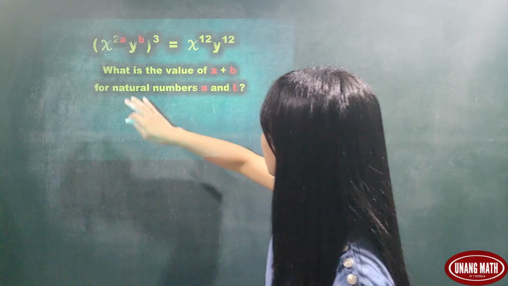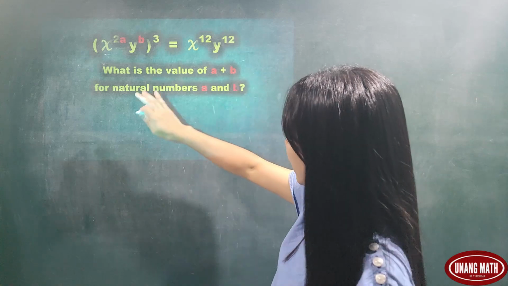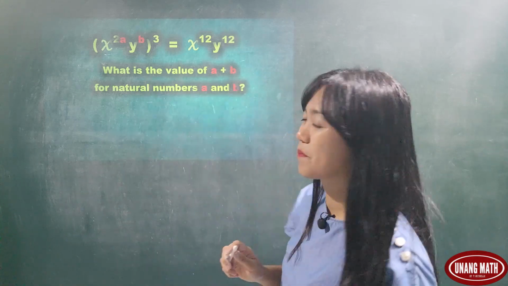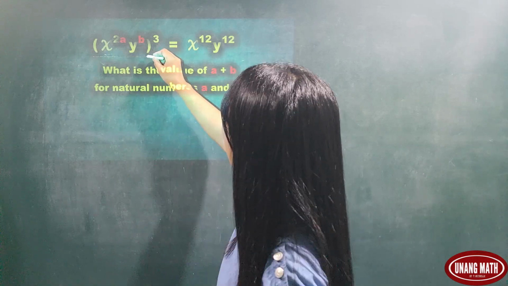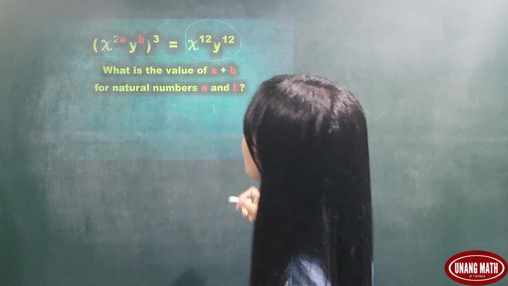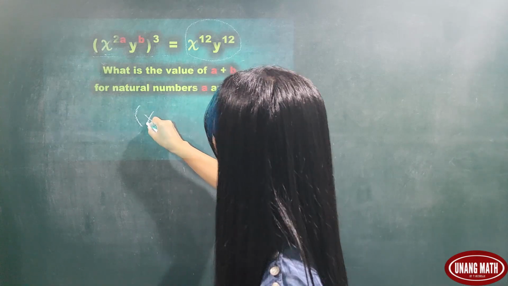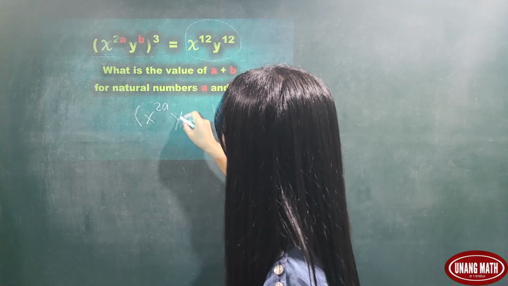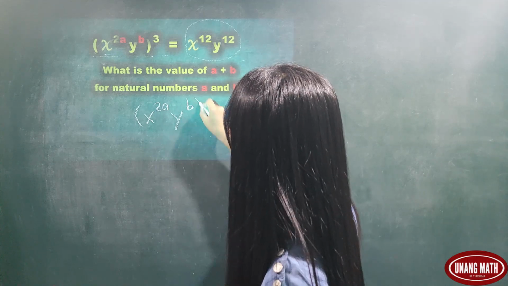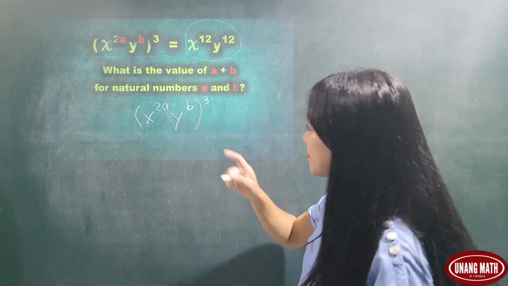The question is, what is the value of a plus b for natural numbers a and b? This one is equal to this one. Let's get this one first. We have x raised to the power of 2a, y raised to the power of b, and this is raised to the power of 3.